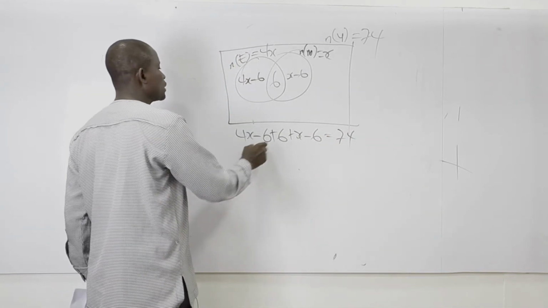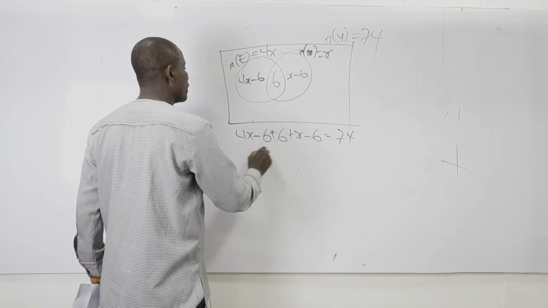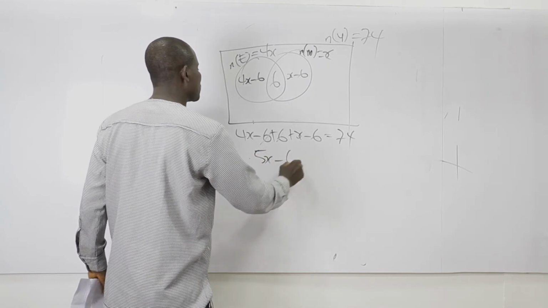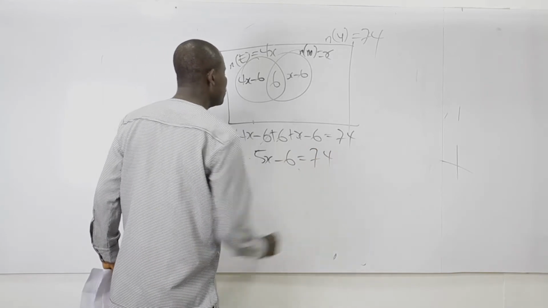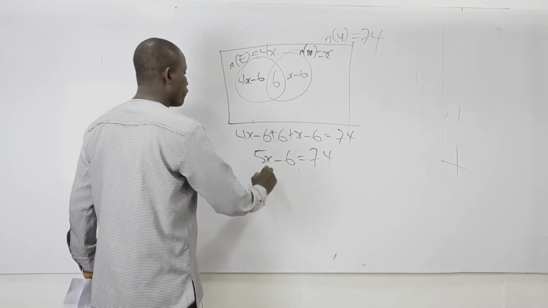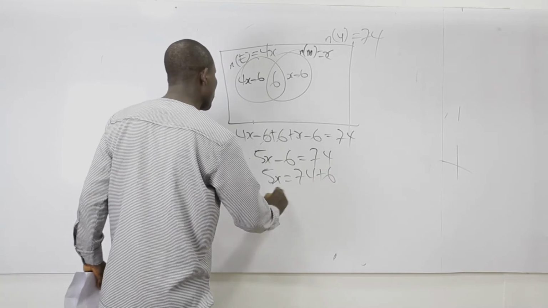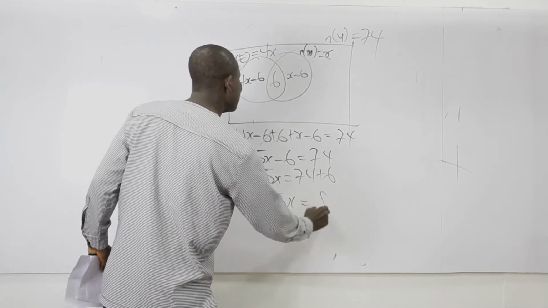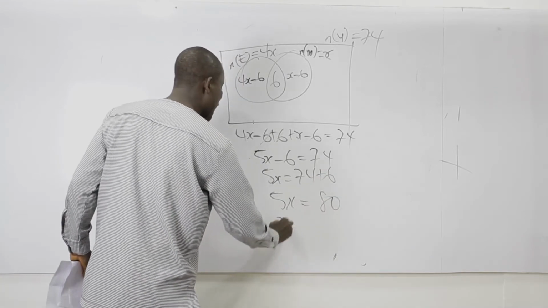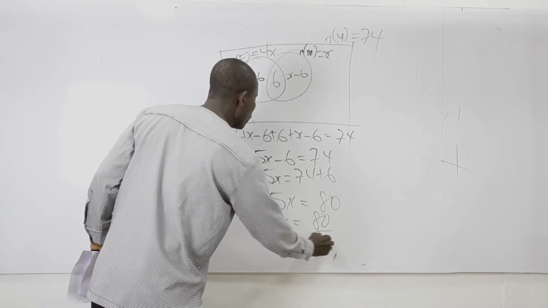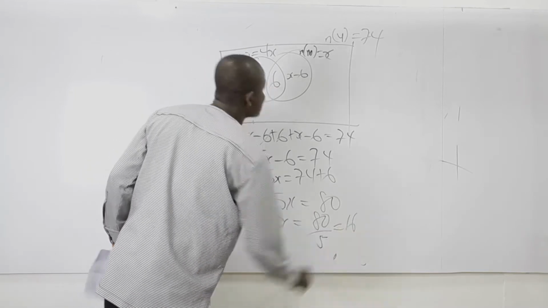By so doing, this and this will go off. So we'll be having 5x minus 6 is equal to 74. So 5x is equal to 74 plus 6. So if 5x is equal to 80, then x is equal to 80 over 5. And that will give you 16.